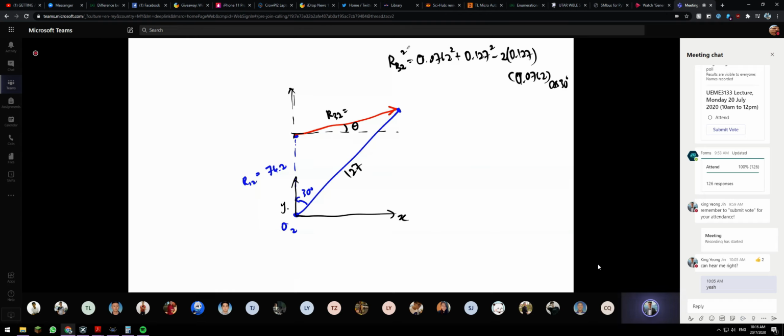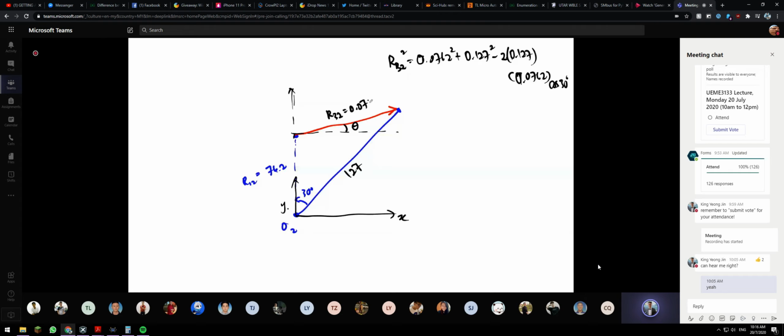Okay, so this is how we do it: 0.0762 square plus 0.127 square minus 2, 0.127, 0.0762 cos 30. So that is where we get 0.0719.